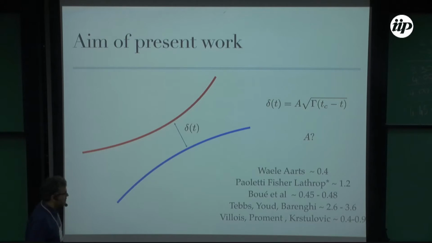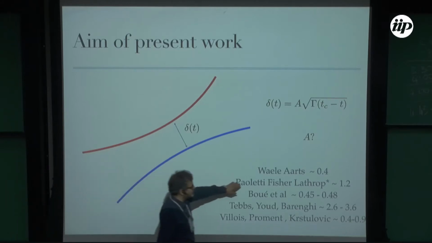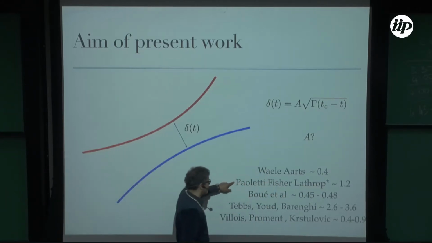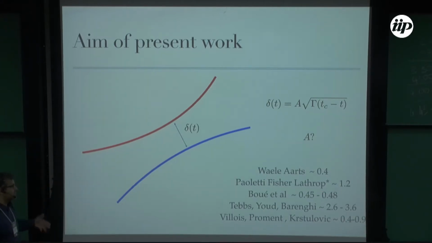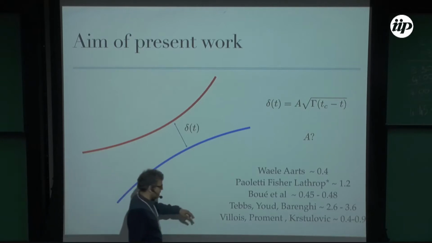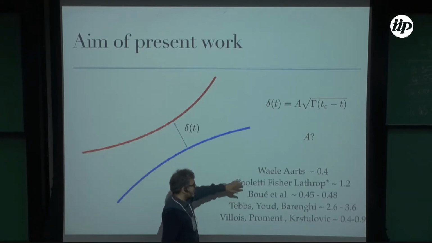There are many values, but I didn't find a lot, just some. This one has a star because this is an analysis of the experimental data, something like 2010, of the Lathrop experiment. And all others are theoretical, and they range over different values.